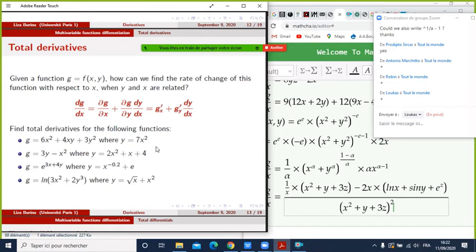Partial derivative is when we're only taking the change with respect to one of the variables, keeping other things equal.